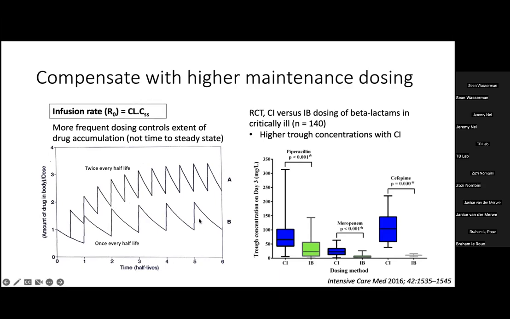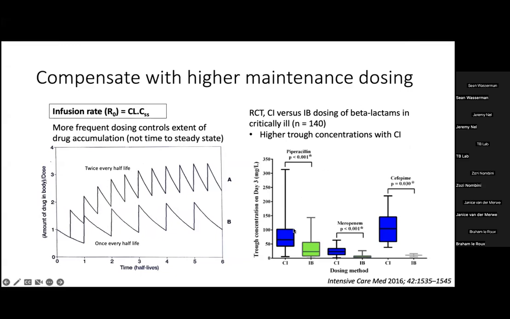And you can see here with this simulated dosing experiment that more frequent dosing controls the extent of drug accumulation, but not the time to steady state, because in this experiment, it's assumed that volume of distribution is constant. So when the drug's given twice every half-life as opposed to once every half-life, the average steady state concentration is higher at a fixed clearance and a fixed volume of distribution. You can see this in patients as well. On the right, a randomized controlled trial of continuous infusion versus intermittent bolus dosing of beta-lactams in critically ill patients.